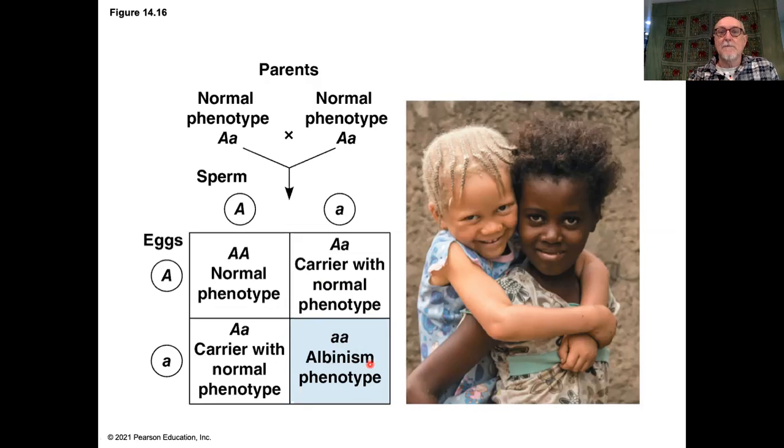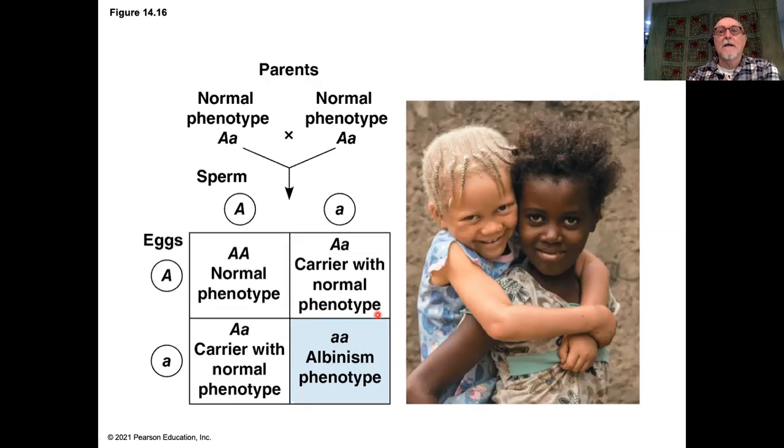Albinism is a trait which is preserved in populations because it is relatively harmless. People who are albino go on to full adulthood, and they themselves marry and have children, et cetera. So it is actually preserved in the population.